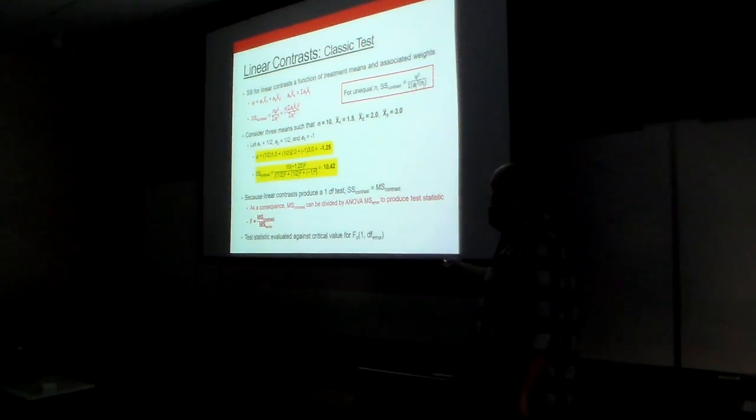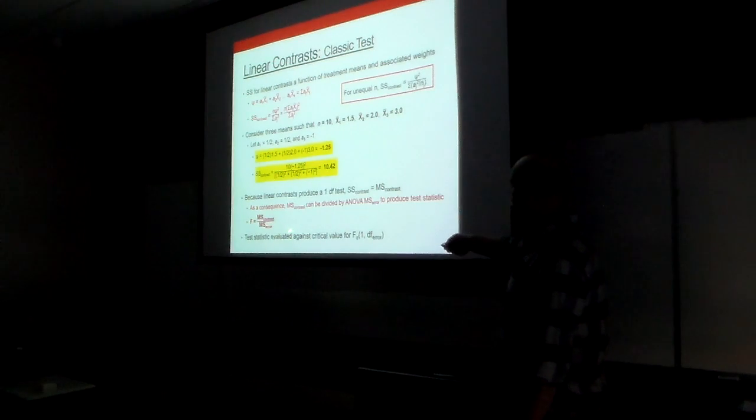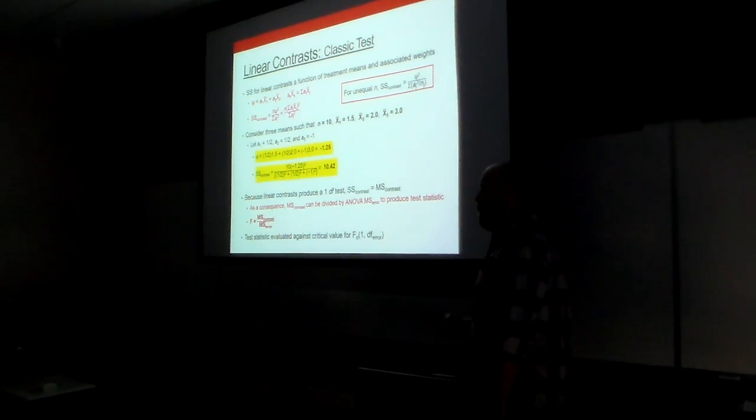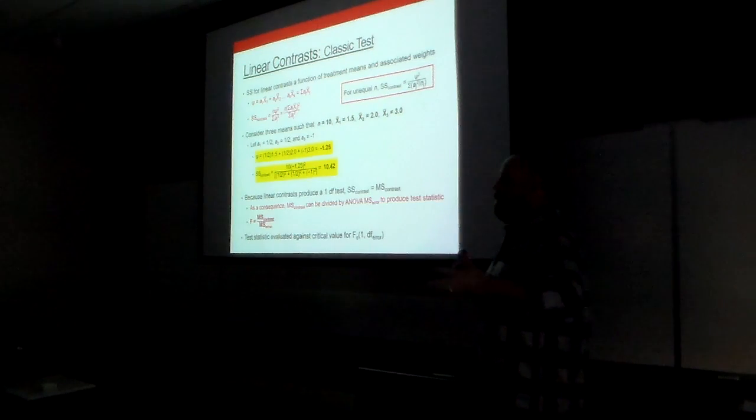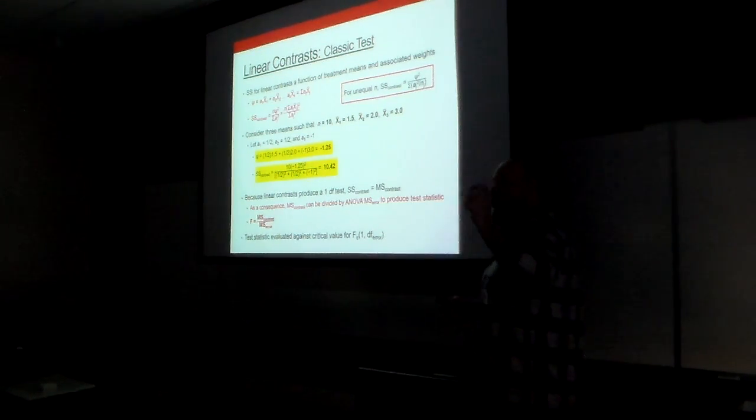Then I compare my test statistic against a critical value for F of 1 and the degrees of freedom error from my ANOVA table. So this is the classic approach to F tests for linear contrasts.